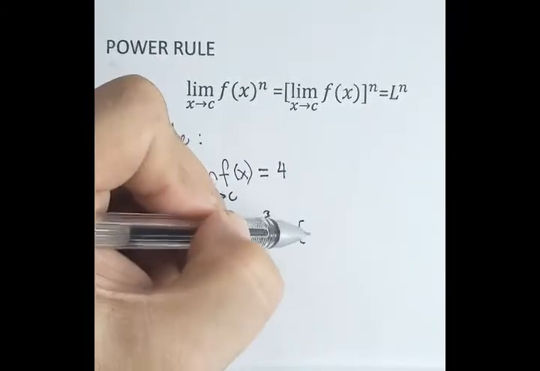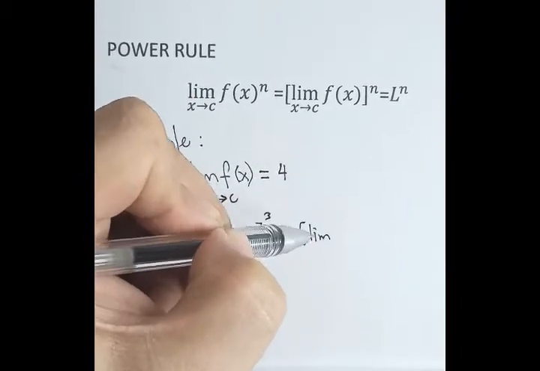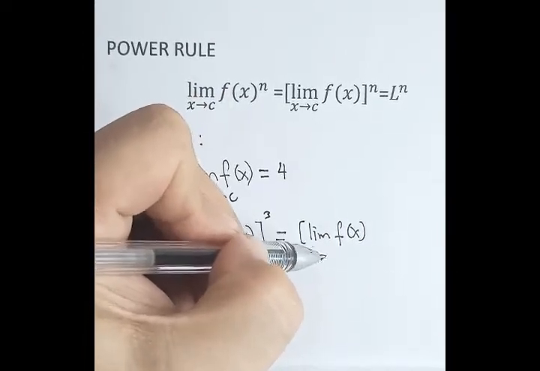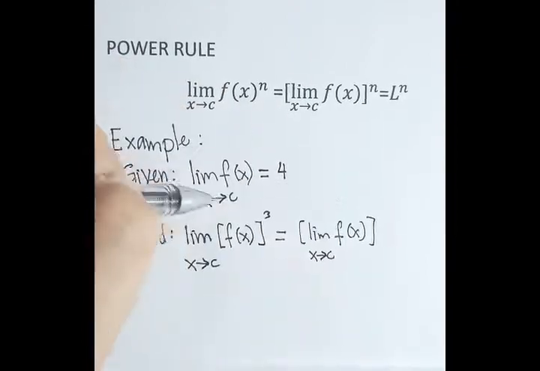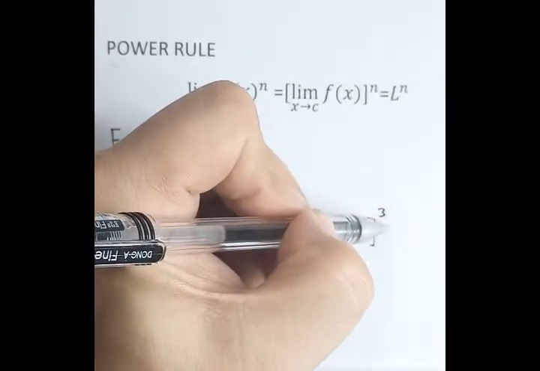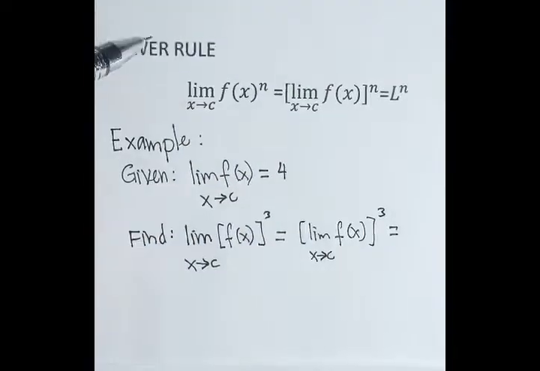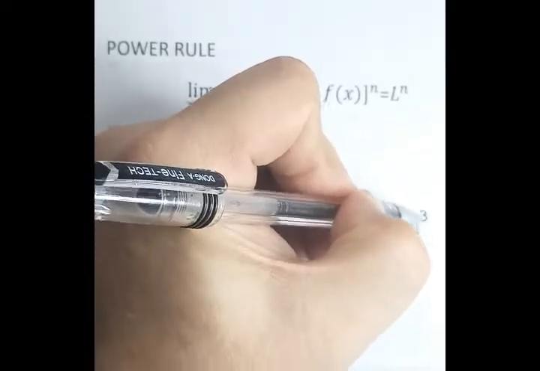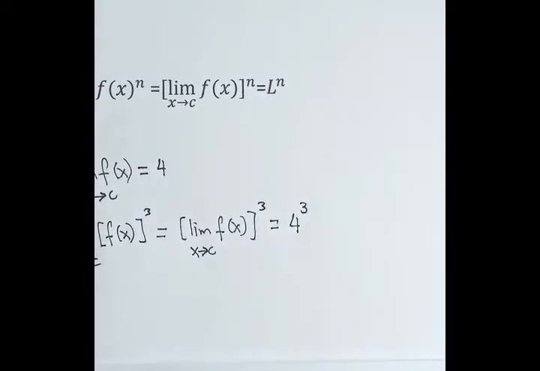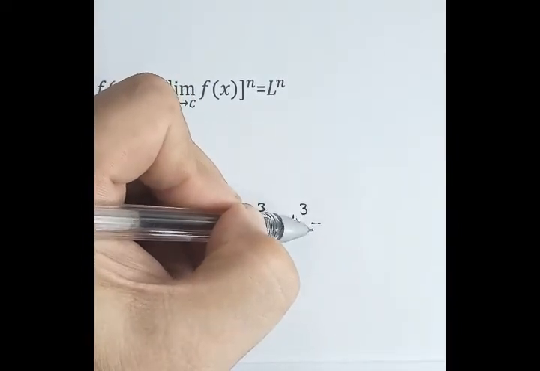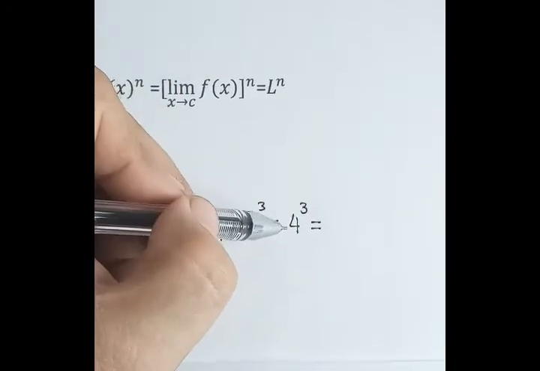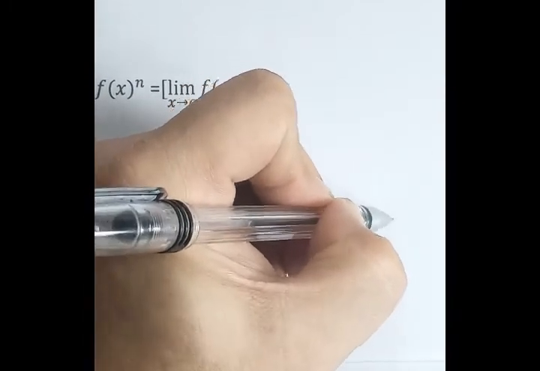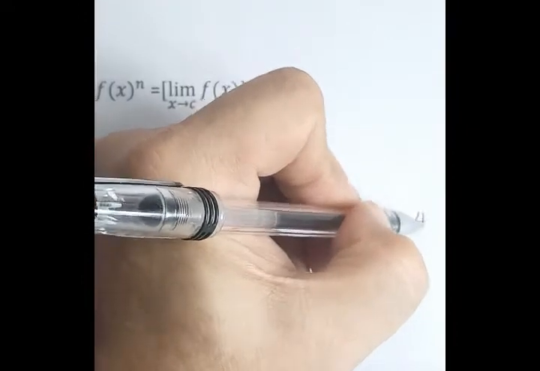We have the limit of the function of x as x approaches c raised to the power 3, or simply, since the limit is 4, that is 4 cubed. Solving, 4 to the power cube is 4 times 4 times 4, which is equal to 64.